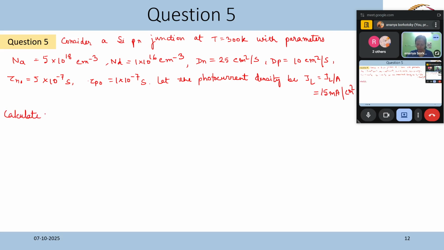Calculate the silicon PN junction solar cell's open circuit voltage.